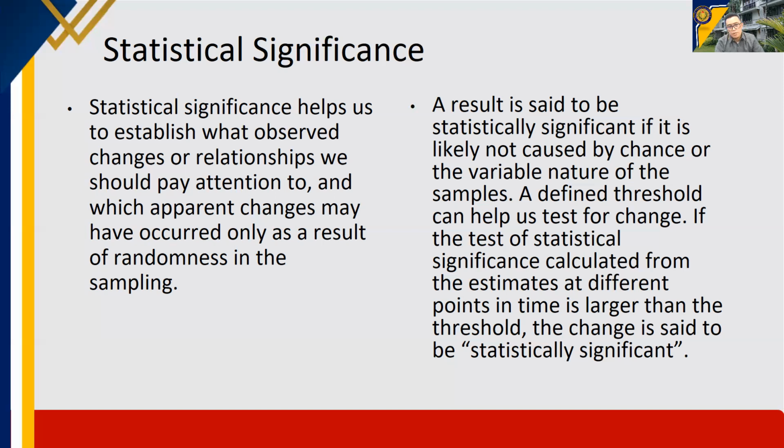For example, a 5% standard is often used when testing for statistical significance. The observed change is statistically significant at the 5% level if there is less than a 1 in 20 chance of the observed change being caused by chance if there is actually no underlying change.